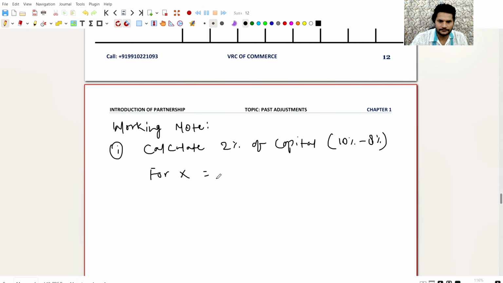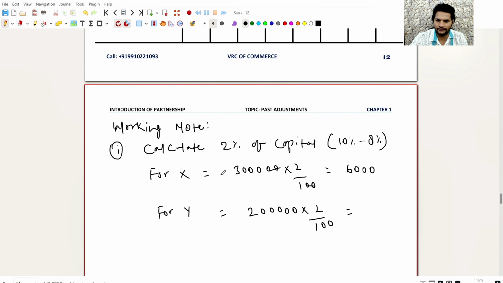For X, that will be 2% of 3 lakh, 2 by 100. And what is the value? 3,000 into 2, that is 6,000. And for Y, 2% of 2 lakh, that will be 4,000.